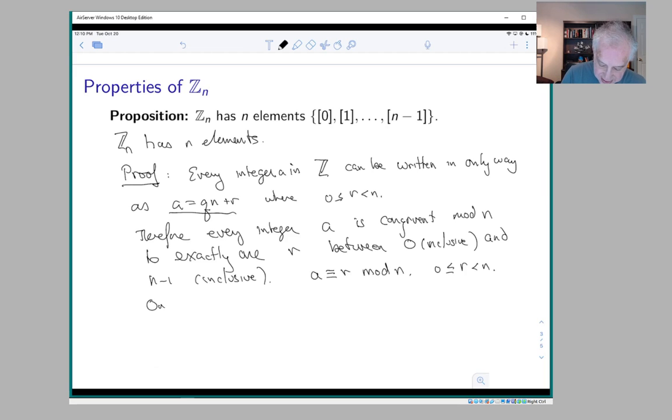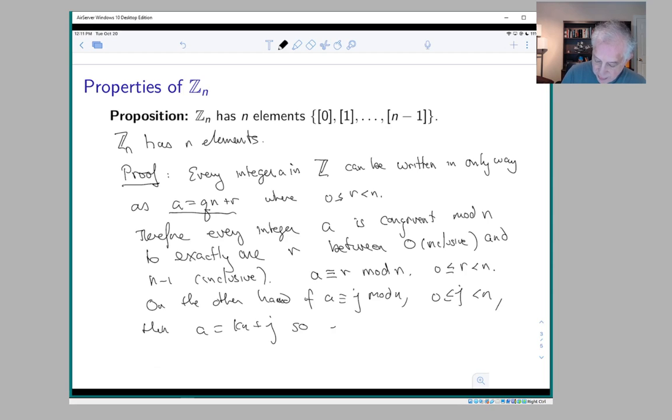And on the other hand, if a were congruent to j mod n, and j were between 0 and n, then that would mean that a was equal to kn plus j. That's what this congruence means. It means a minus j is a multiple of n.